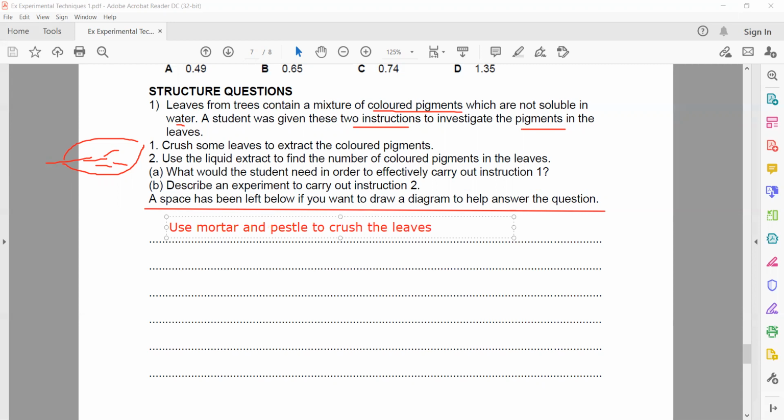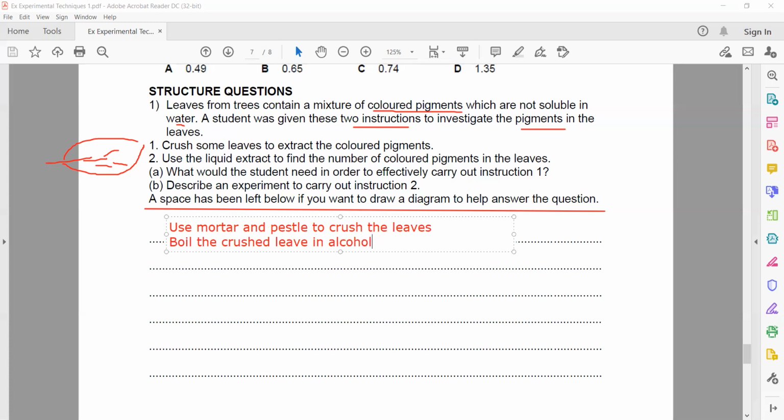We want to remove the color from these leaves as well. So if we want to extract the color, we can boil the leaves in alcohol. Why alcohol? Because they mention it is not water soluble.